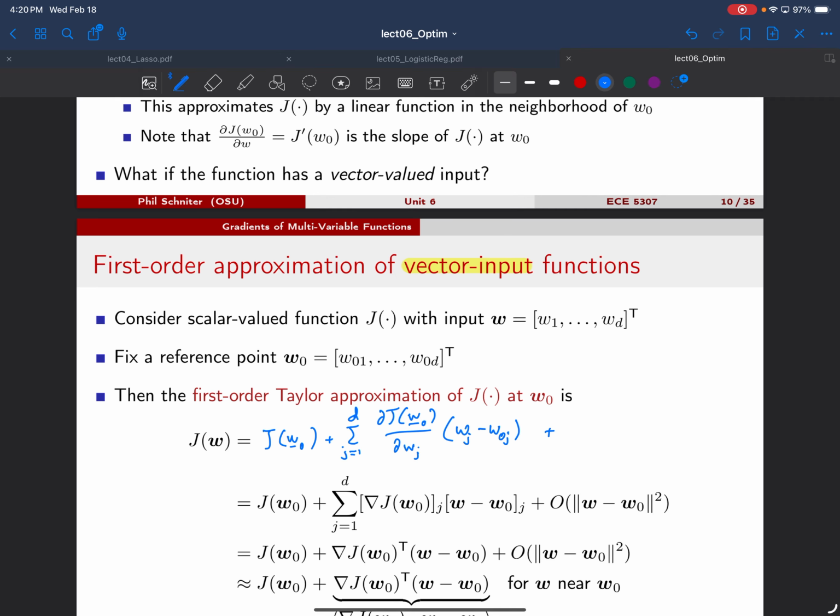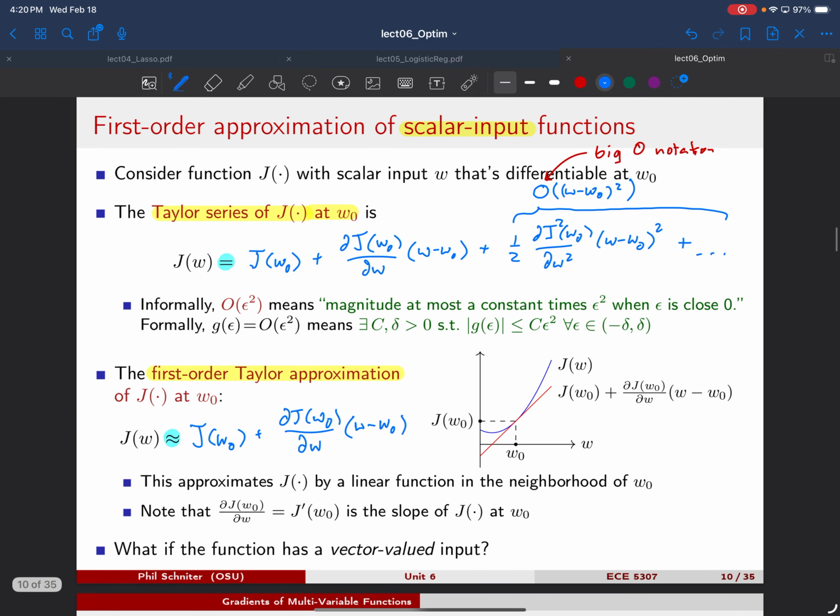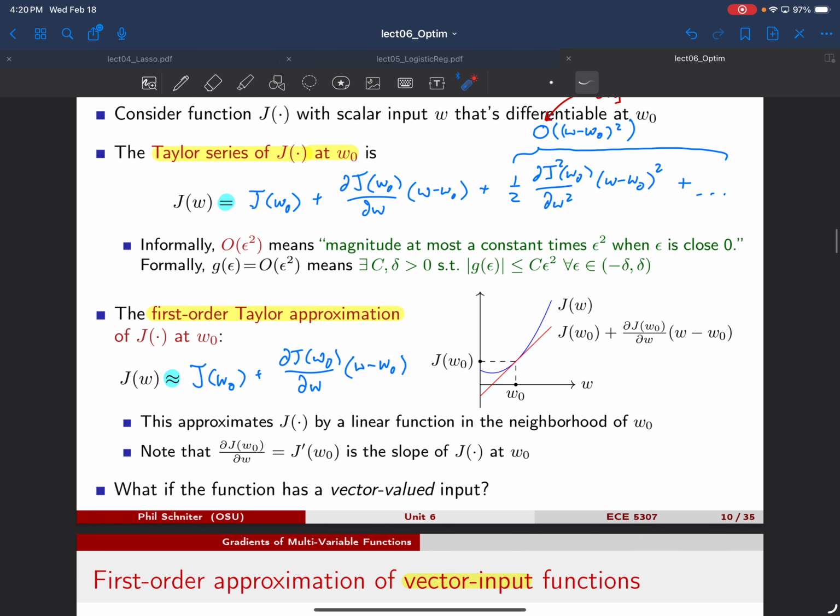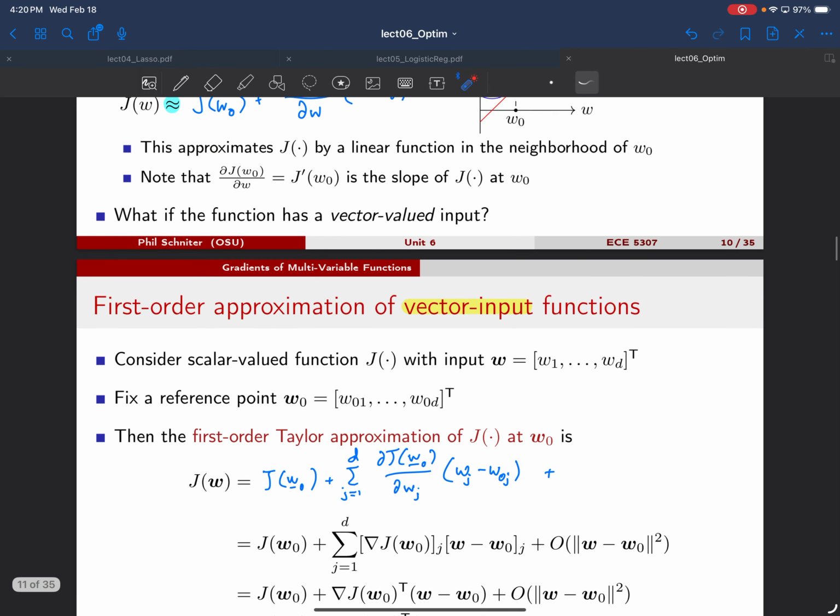And now, rather than writing out all the other terms here, I'm just going to write basically the sum of those guys.